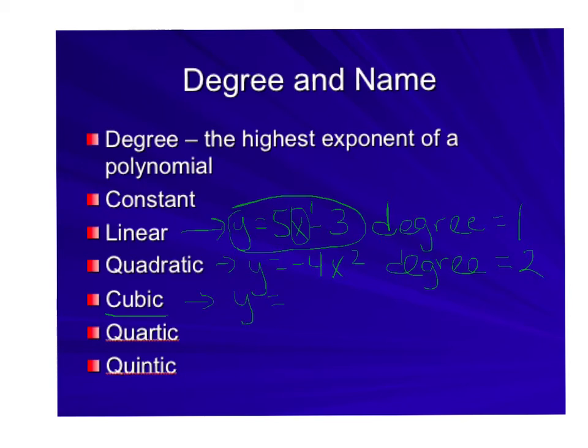So for example, 7x cubed minus 12x, and let's put a third term in there, plus 3. So that has a degree of 3. And a quartic would have a degree of 4, and a quintic would have a degree of 5. And that's actually as high as we're going to go for this class, and as high as most people go. After that, you would just say a polynomial with degree 6 or degree 7.